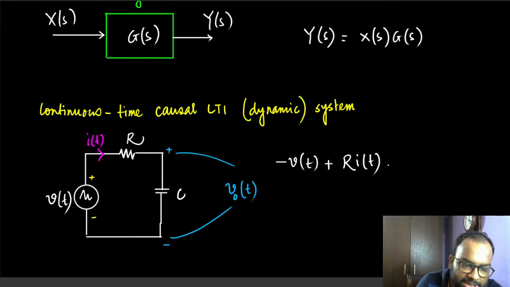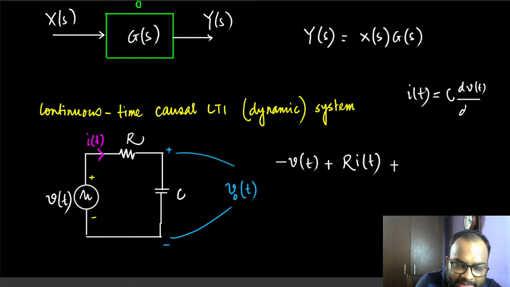And now, what is the potential drop across the capacitor? I don't know, because I know that the current through a capacitor is defined like this. So it's proportional to the rate of change of voltage across the capacitor. So I could write this as an integral equation, write this as an integration, but I want to avoid that. But of course, we know what is the potential drop across the capacitor.